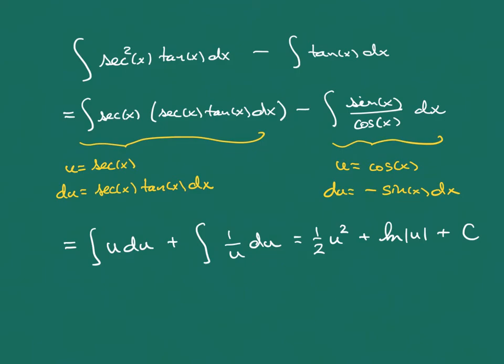Coming back to our u substitutions: for the first one, our 1/2 u squared, u was secant of x, so this gives us 1/2 secant squared of x. For the second one, for our natural log, that was cosine, so we have natural log of the absolute value of cosine of x plus our arbitrary constant.